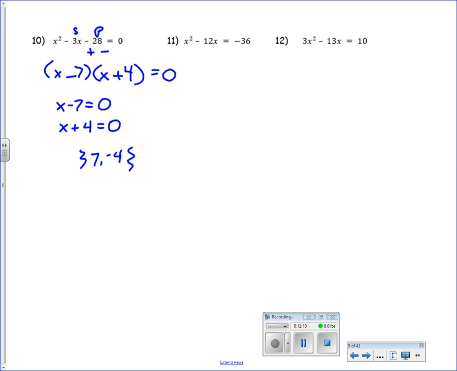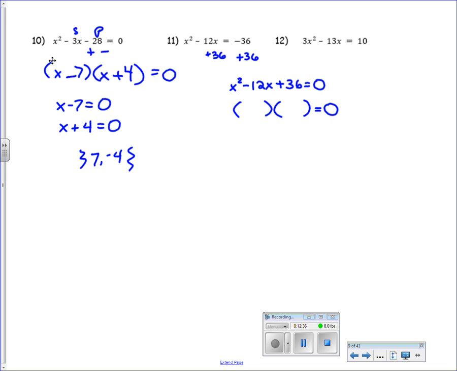Number 11 is very similar, except it doesn't equal 0. So again, you need to make one side equal 0. So I'm going to add the 36 and get that on the other side. And 36 is a perfect square, but on perfect squares, you can also play the number game. So this one, you're playing what two numbers multiply to make 36 and add to negative 12.